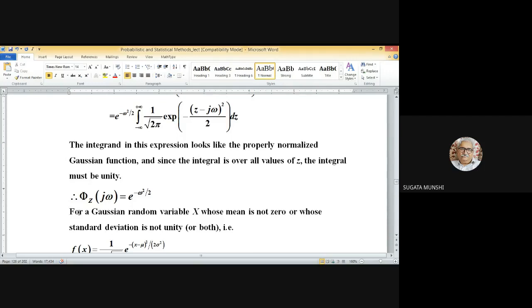That means for small f x. You have to use the scaling and shifting property of Fourier transform to get phi x j omega.